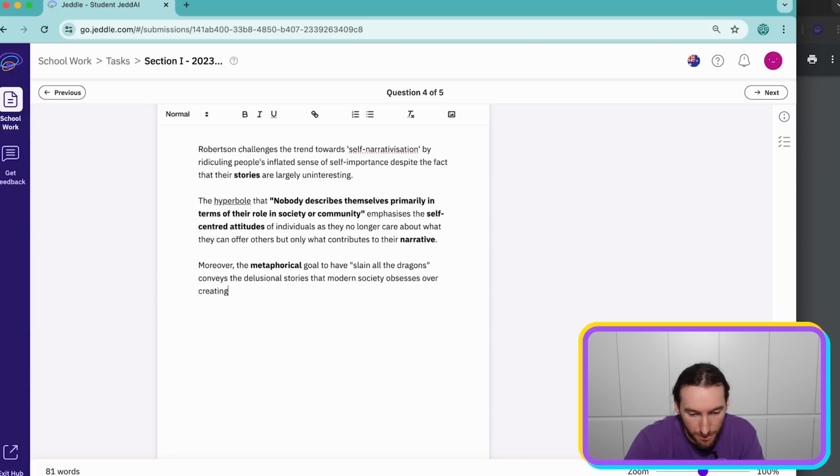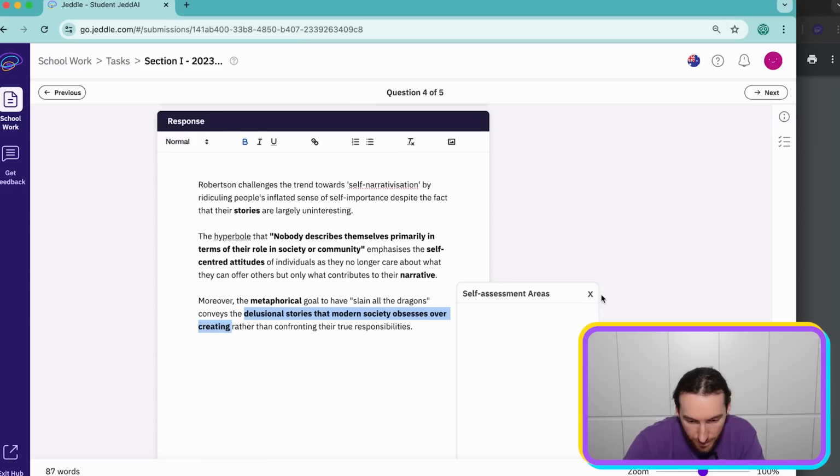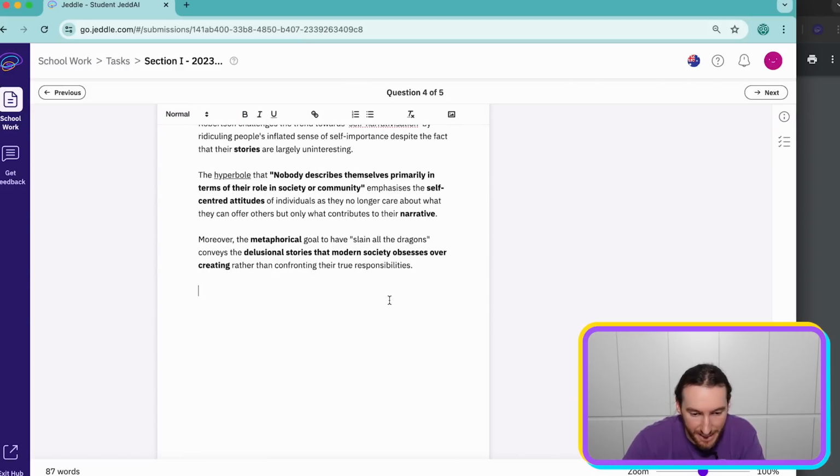Rather than kind of confronting their true responsibilities. Something like that. But I think just delusional stories is a good point here. So we can mark that in as our second point.